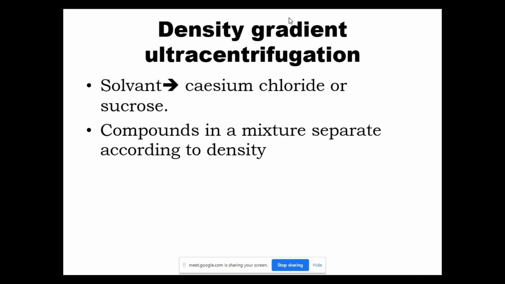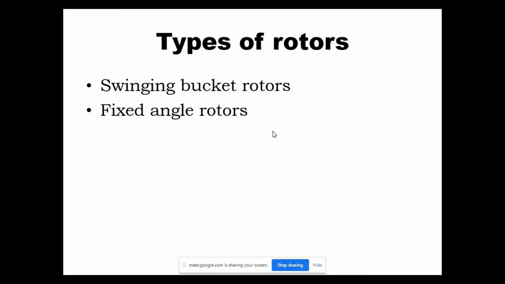Now this is what I was about to explain: density gradient ultracentrifugation. Here there are different types of density gradient. One I am showing here is cesium chloride or sucrose. In this, the density of the medium is not uniform.